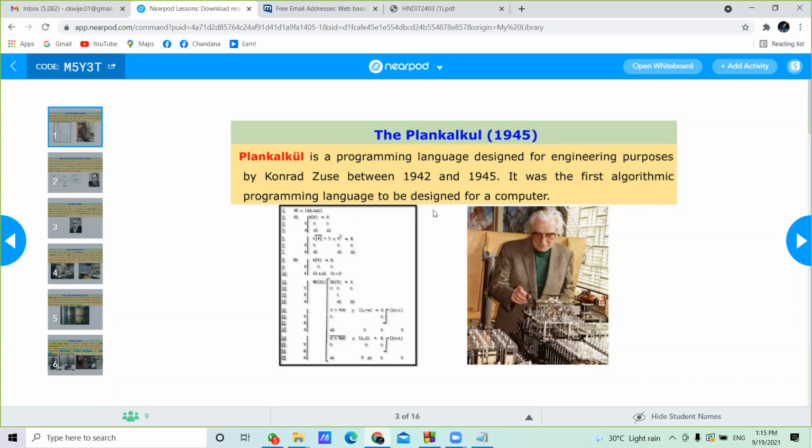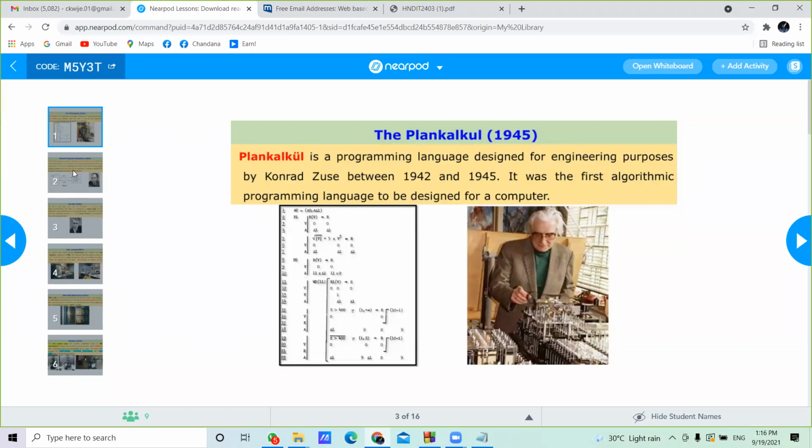These short notes are very important when you are doing the activities. Based on these slides, I am going to do some activities, so you want to remember these things. The first programming language is Plankalkül, invented by Konrad Zuse, between 1942 and 1945.